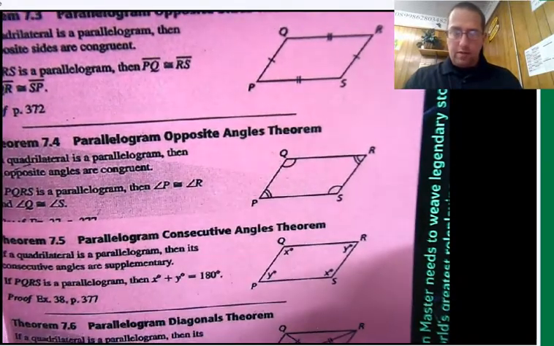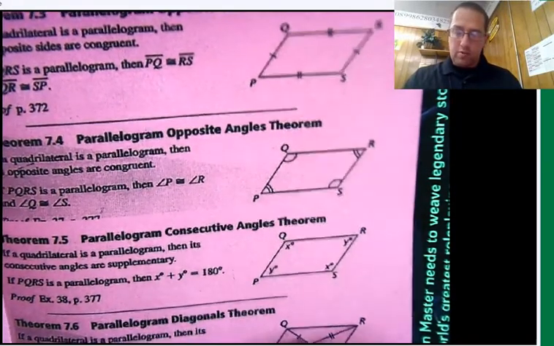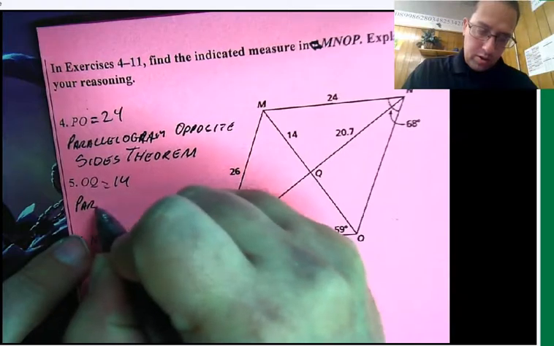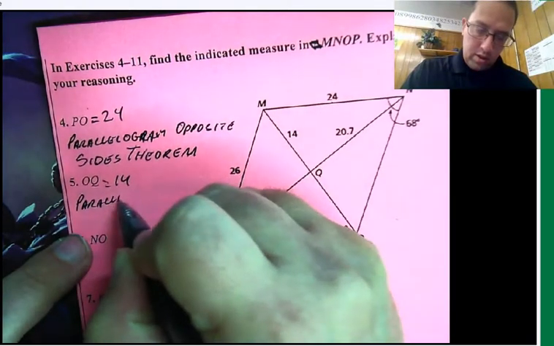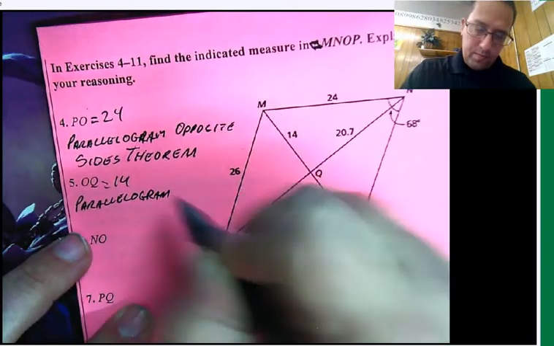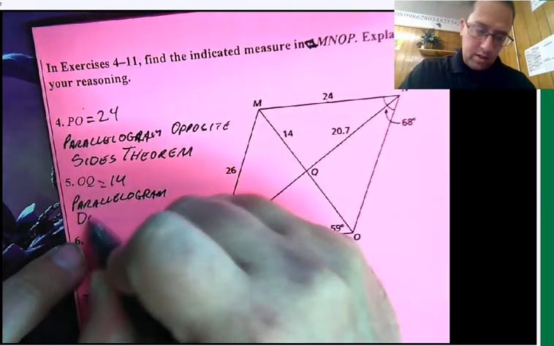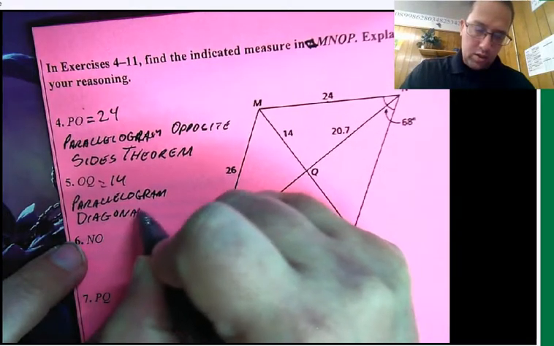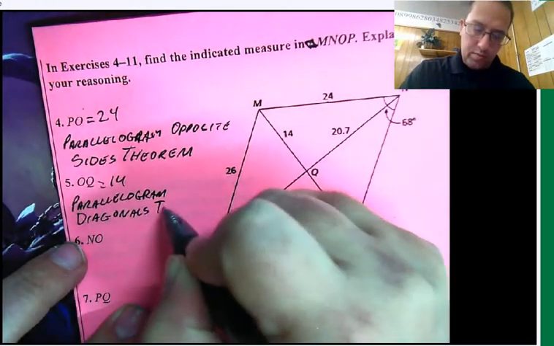Because way down here at the bottom, we have the parallelogram diagonals theorem. It says they bisect each other. So, parallelogram diagonals theorem.